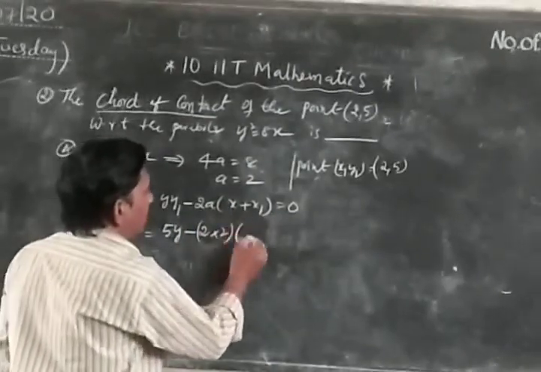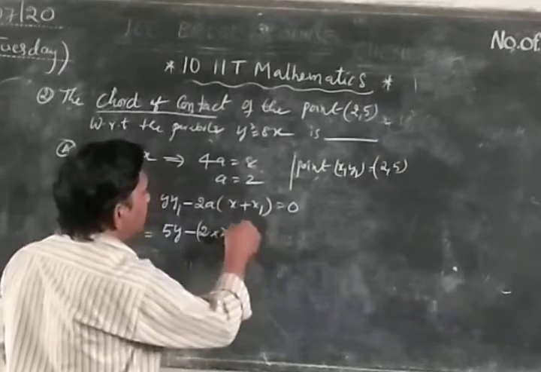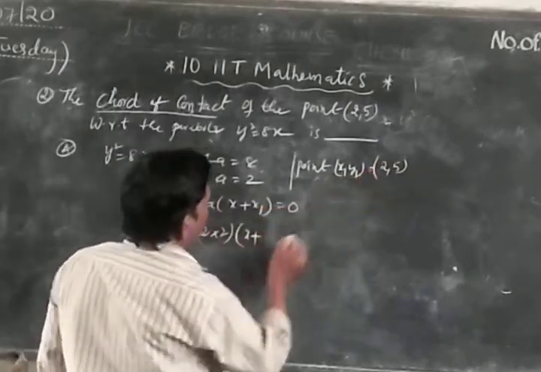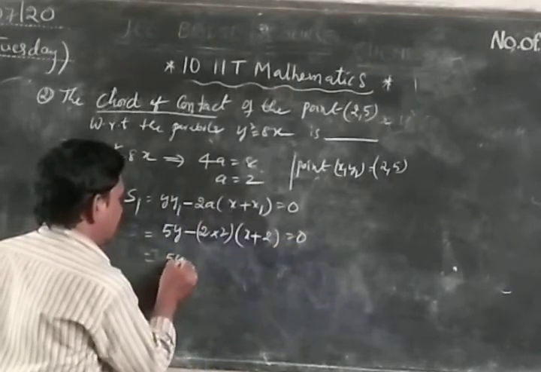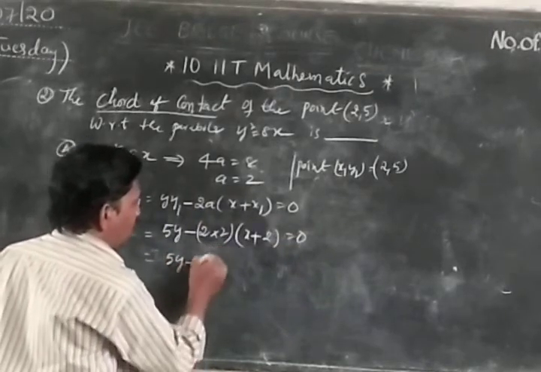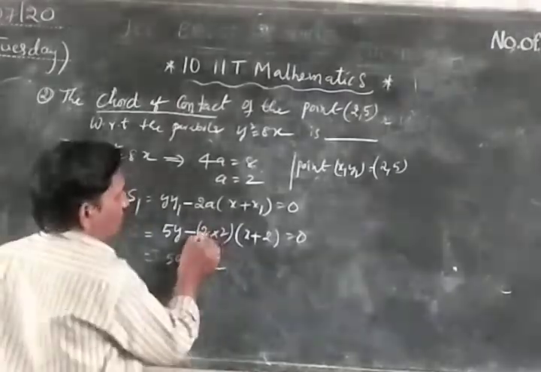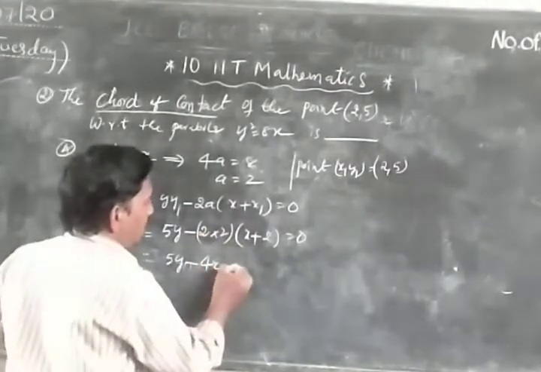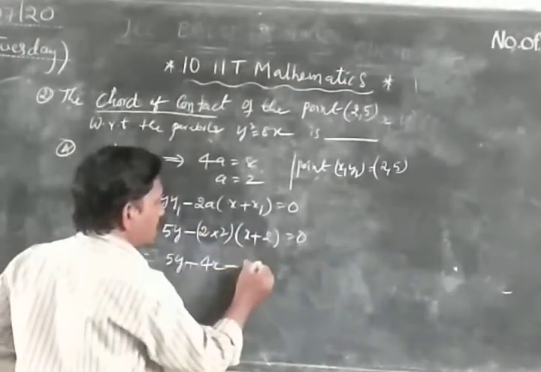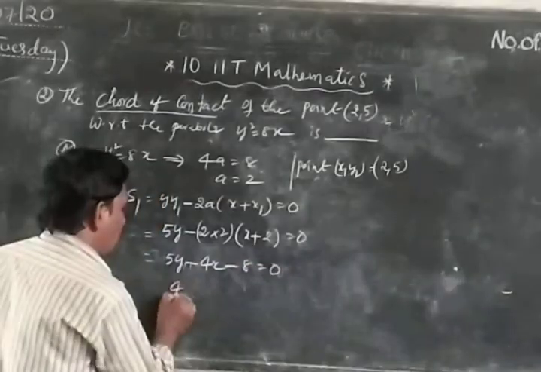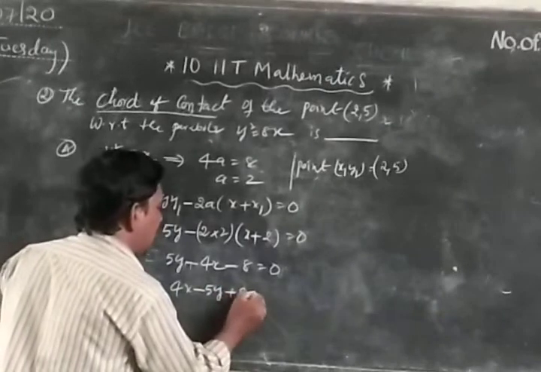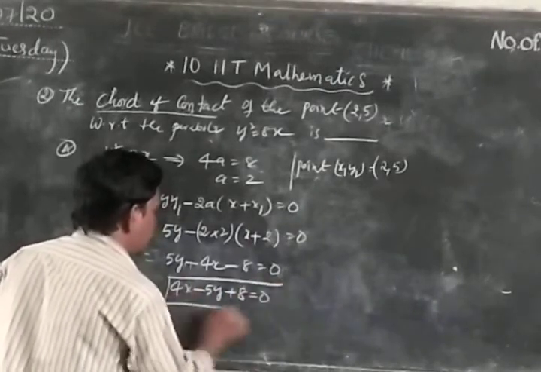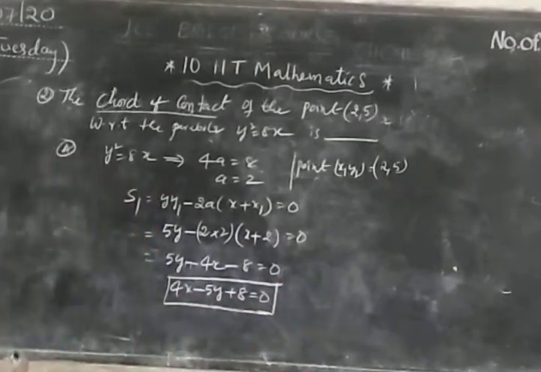And x plus, what is the x value? 2 equal to 0. 5y minus 4x, 4 into x, 4x minus 8 equal to 0. 4x minus 5y plus 8 equal to 0. This is the chord of contact.